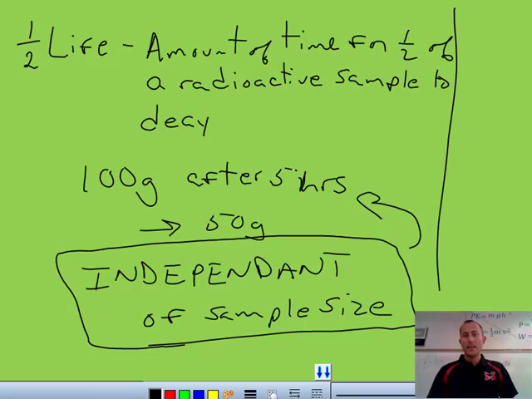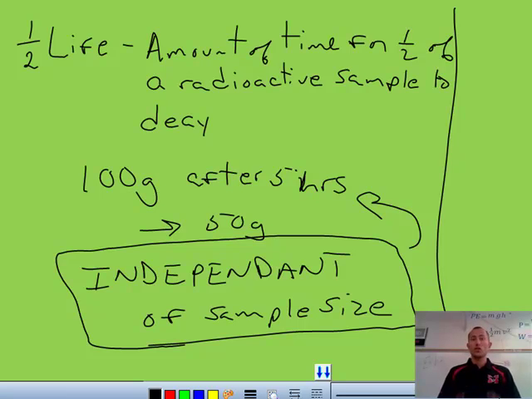You can't look at a sample of 1,000 or 500 or even 2 atoms of a radioactive sample and tell with any degree of reliability which ones will decay next, because it's a completely random process.